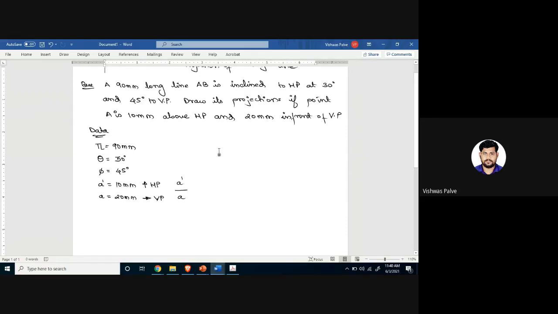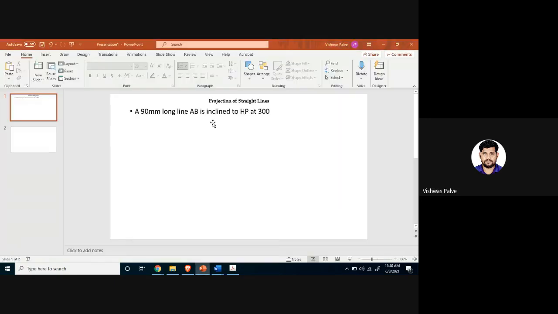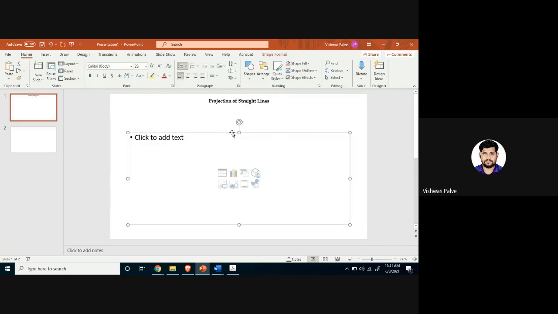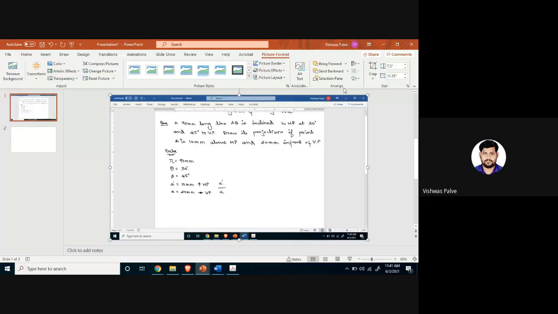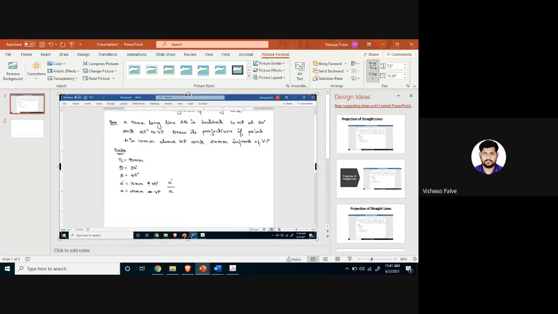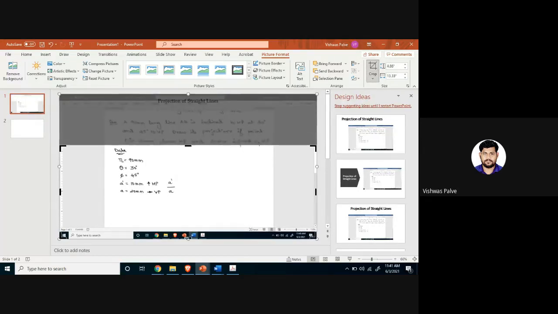Now I will draw using this PowerPoint presentation mode, because in that I don't have a ruler. Scale is not there, so I will use the scale option which is available here. The same problem, I have taken the data here. With the help of this data, let us draw it.